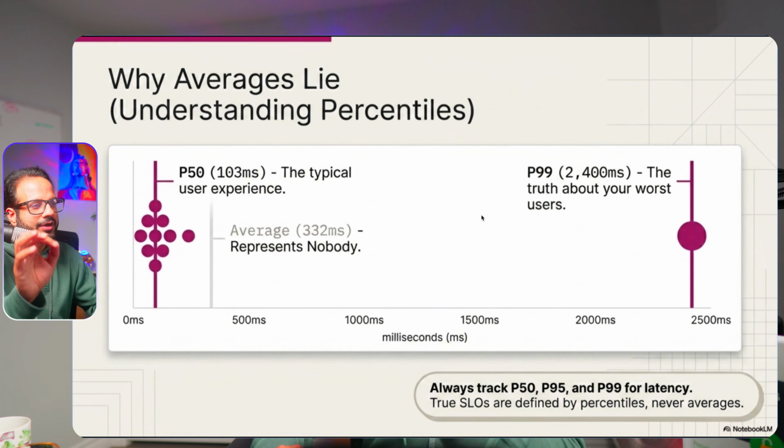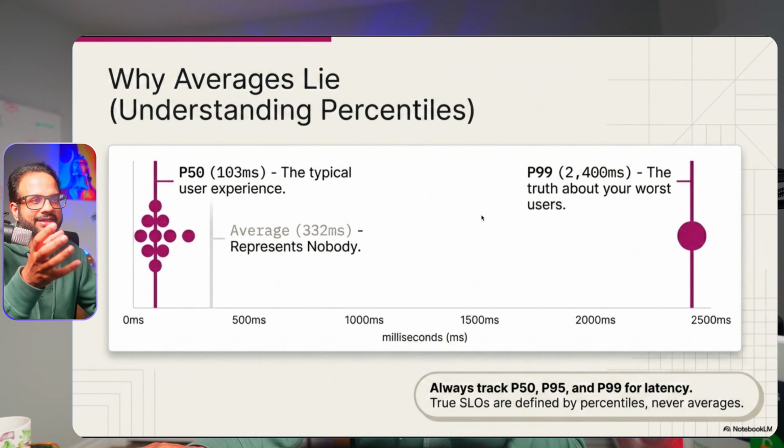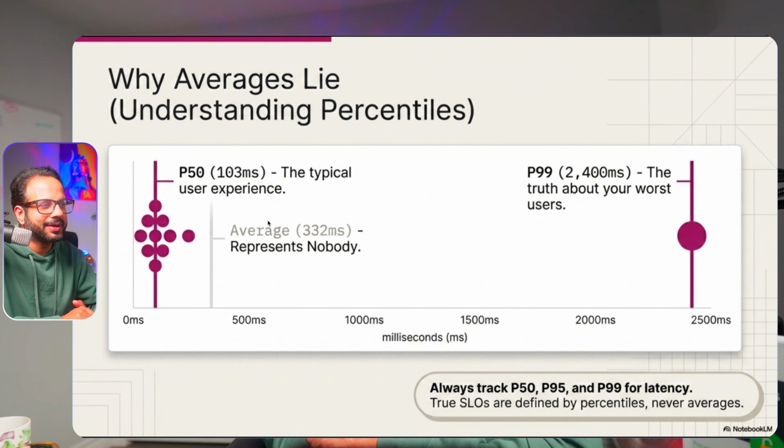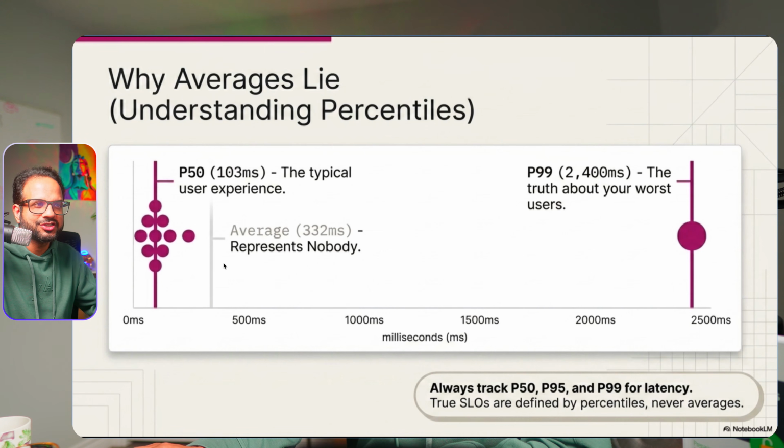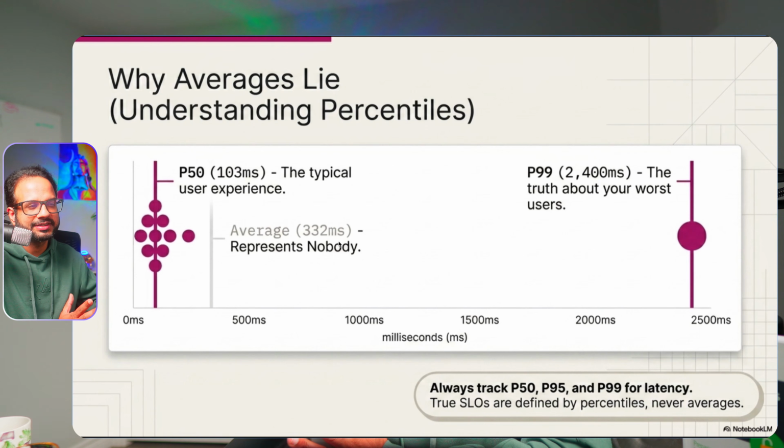Now, it is important to understand why we need to track latency in percentiles instead of average. So let's say your users are complaining about the slow response time. You took the average response time, which is 332 microseconds for, let's say, 10,000 users. It won't show you the real picture because not every user is impacted, right?